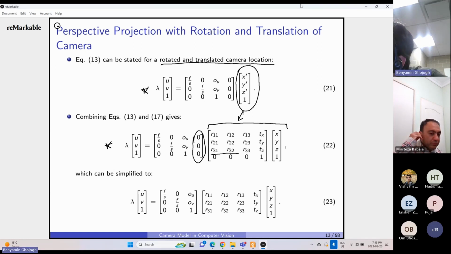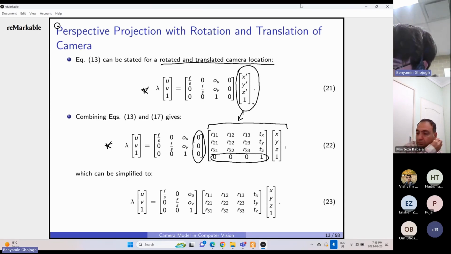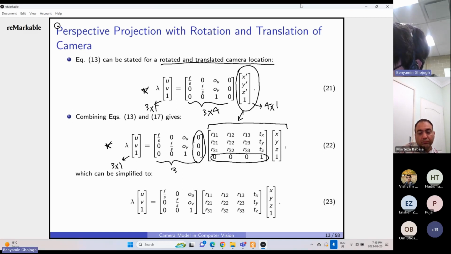I also have these. Let's see the dimensionalities. This was 4 by 1. This was 3 by 4. This is 3 by 1. What about this one? This is 3 by 1. This is 3 by 4. This is 4 by 4. This is 4 by 1, which makes sense. But here, consider these two 4s.